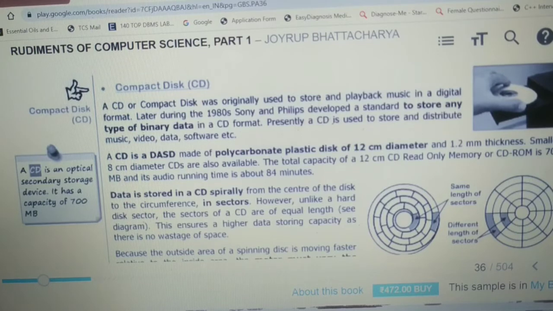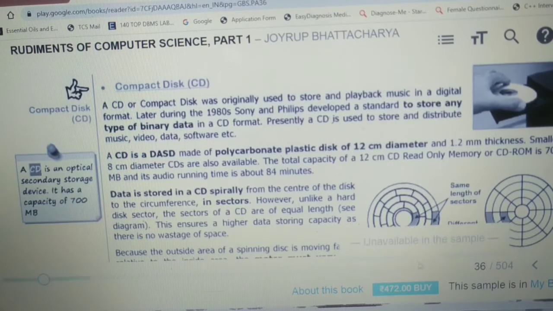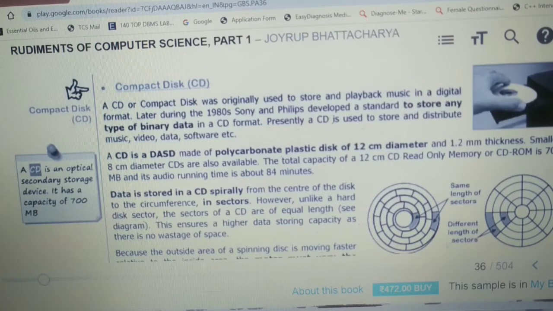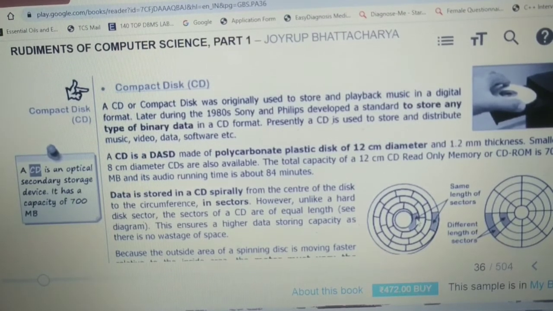Here the data is stored on a CD spirally, from the center of the disc to the circumference, in sectors. You are able to see these blocks are called sectors, from the center to the circumference in this way, and these small blocks are known as sectors.